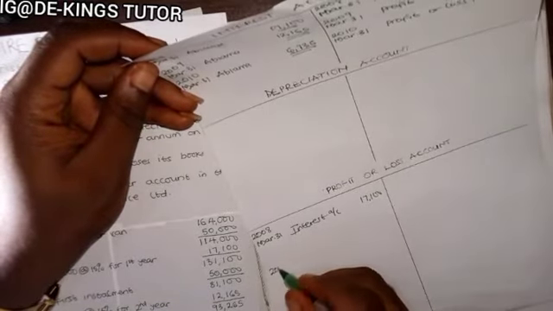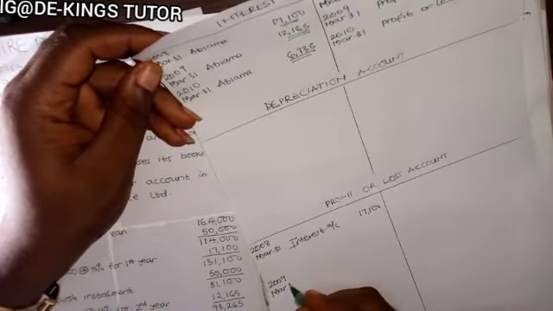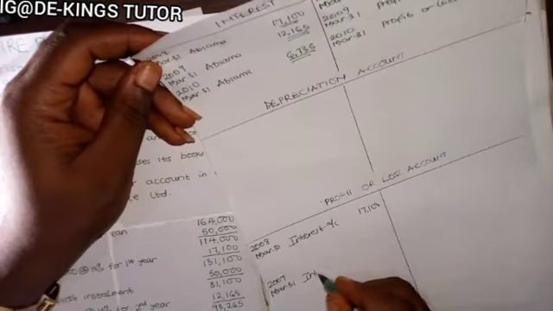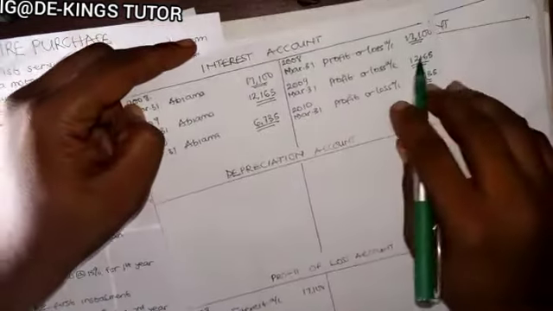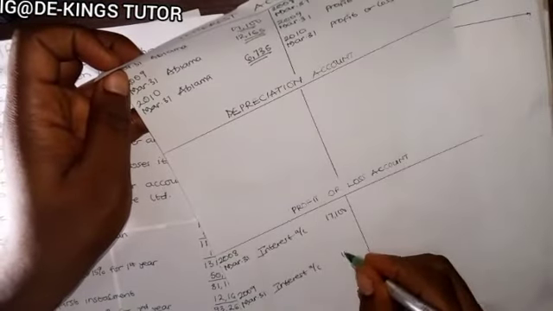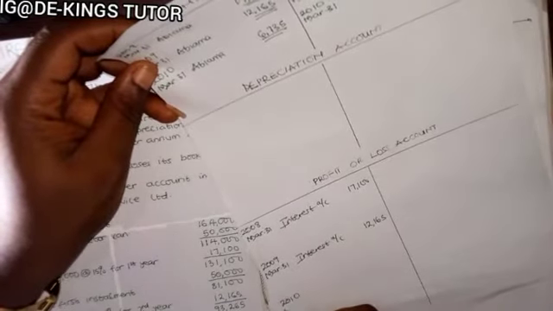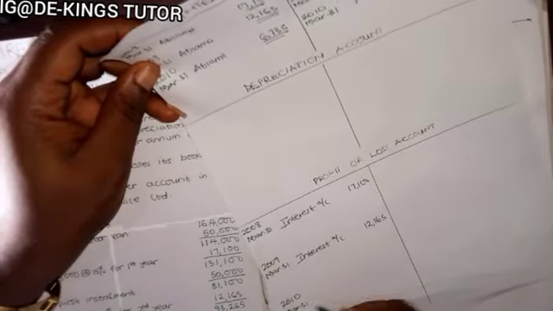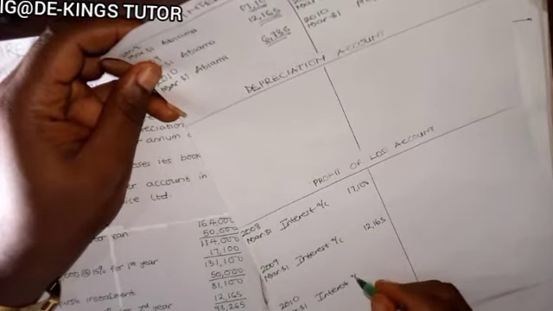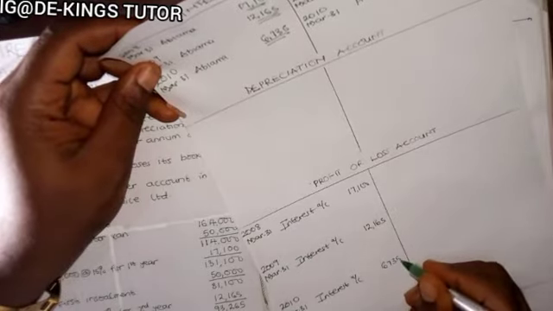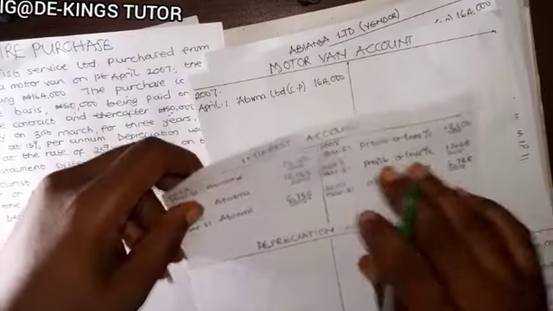And next year, 2009, we have March 31st, interest account 12,165. The third one, 2010, March 31st, we have interest account 6,735. Okay, so that's the closing of the interest account.